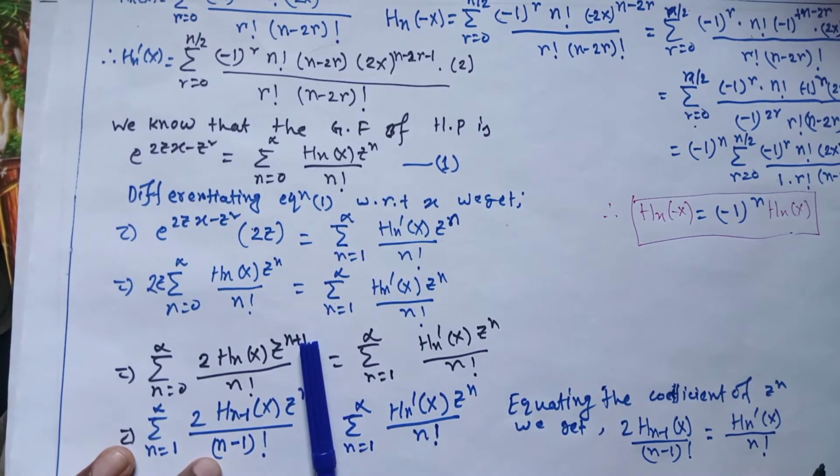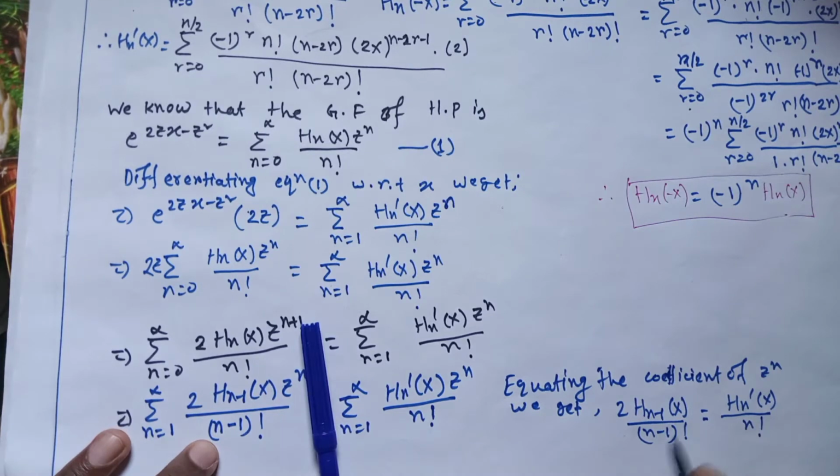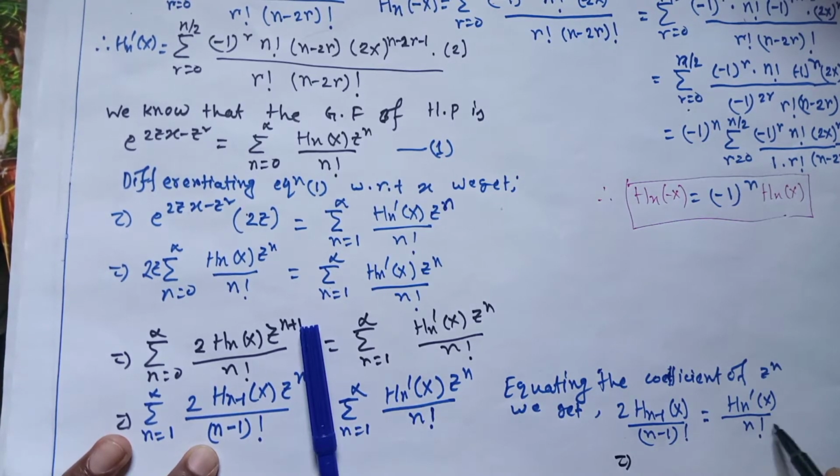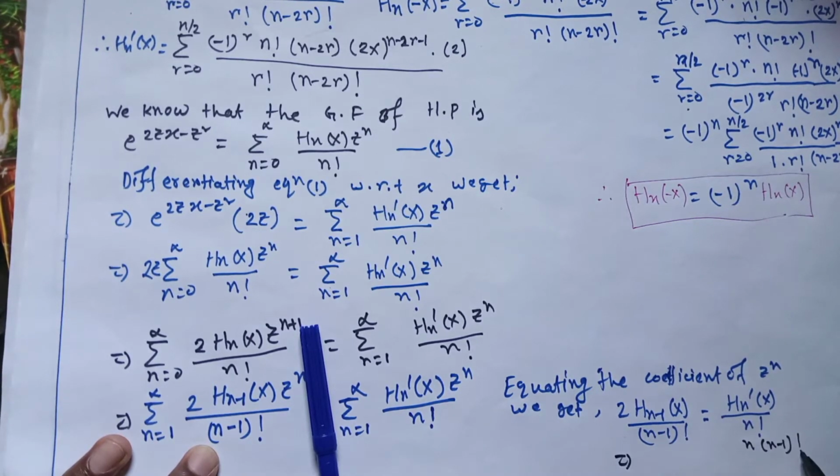Okay, we know that n factorial is equal to n into n minus 1 factorial. Then n minus 1 factorial and n minus 1 factorial get cancelled.